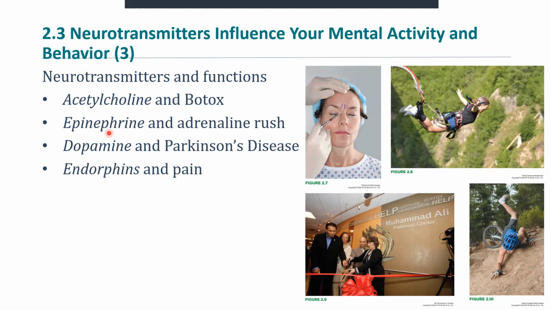Most of us have probably heard of epinephrine. It is a neurotransmitter that causes arousal, and so when you get an adrenaline rush, it's because of a release of epinephrine within your brain. So we see this picture of a bungee jumper here. Dopamine is responsible for motor control over voluntary movements.